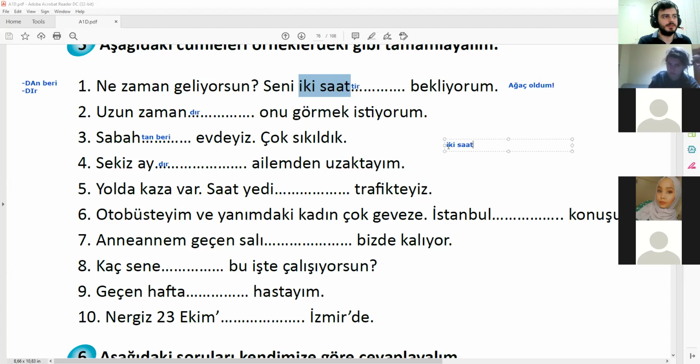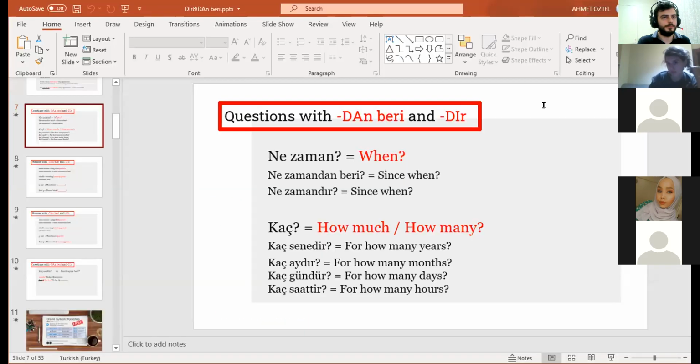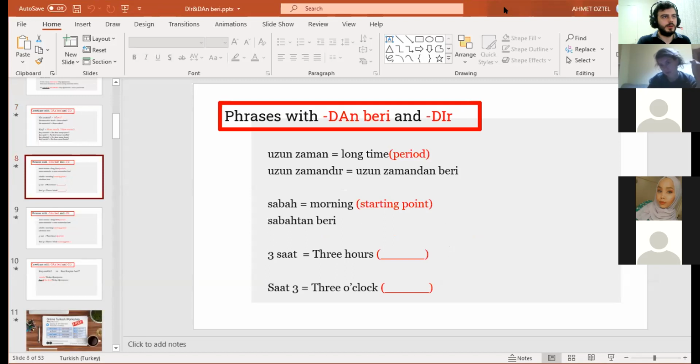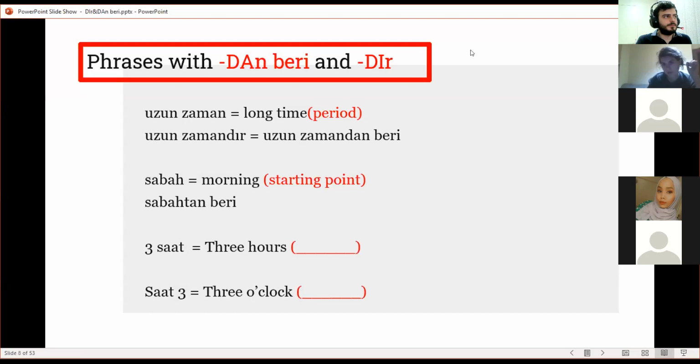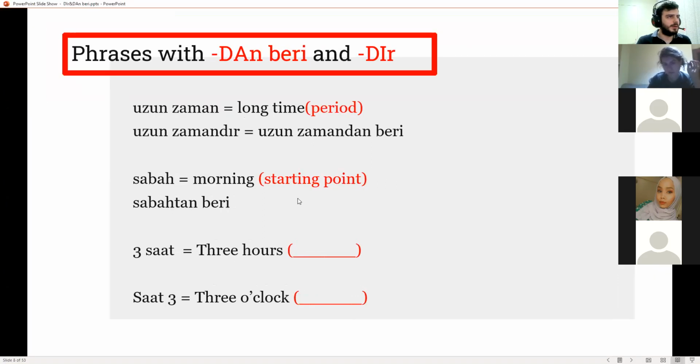2 saat, saat 7. Şimdi I'm going to show you a difference. So basically I have these two options that I have. Let me just mark them. I have 3 saat and I have saat 3.